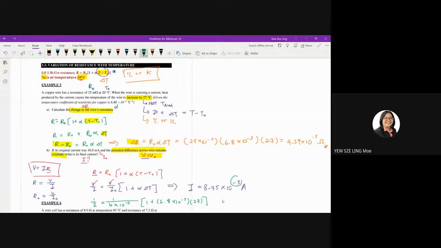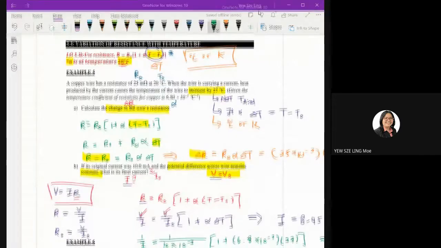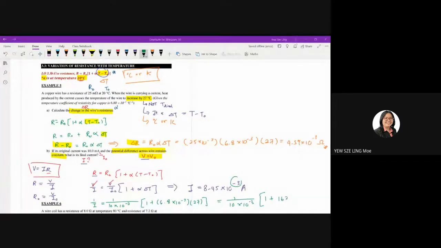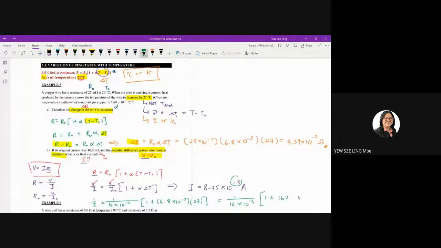So this equals 1 over 10 times 10 to the power of negative 3, 1 plus 162 times 10 to the power of negative 3.